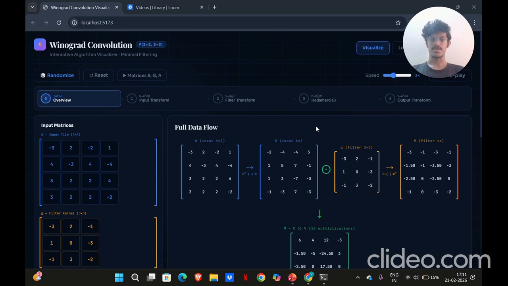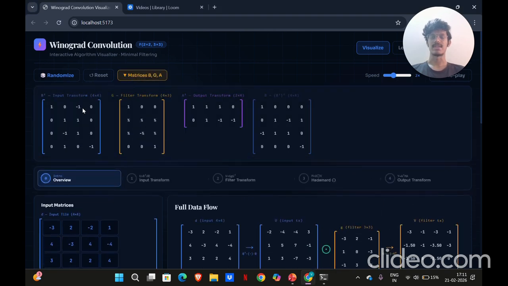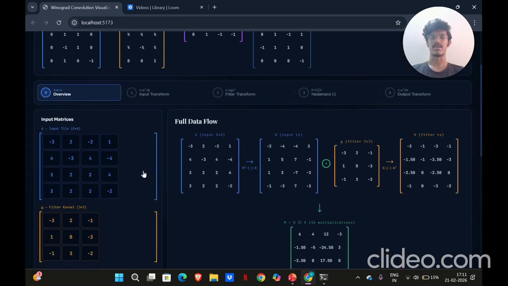So this is the visualization of the Winograd convolution. Here you can see the input transformation matrices. I've shown you using polynomials; these are the actual transformation matrices, the 4 cross 4 input vector, and the 3 cross 4 and 4 cross 3 kernel.